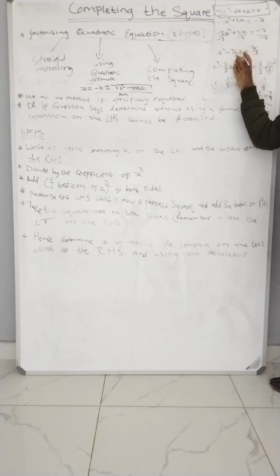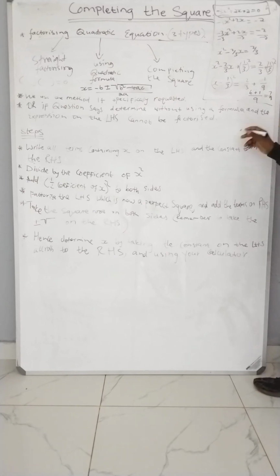You are going to take half of the coefficient of x. If the coefficient of x is 2, half of 2 is 1. If the coefficient of x is 10, half of 10 is 5. You're going to take 5, right?